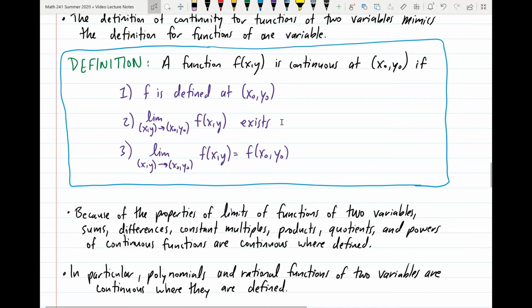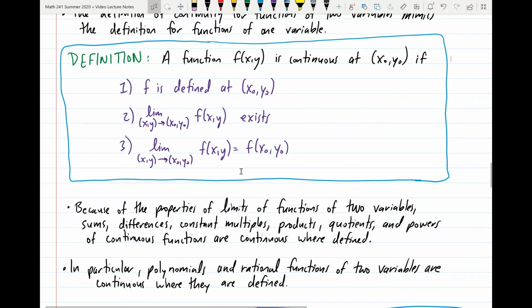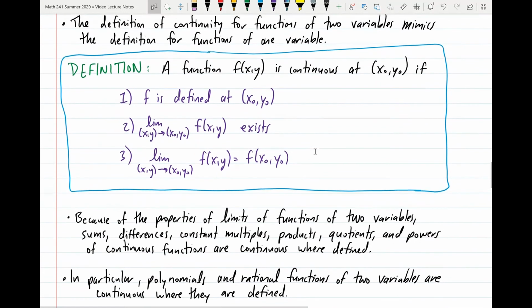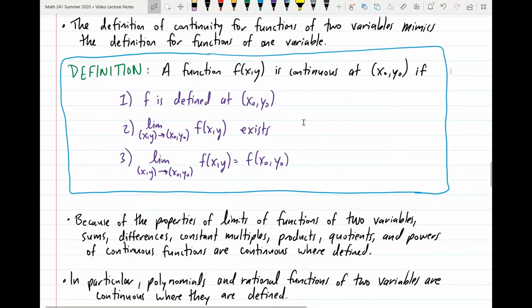And then the third condition is that the limit as x, y goes to x0, y0 of f of x, y is actually equal to f of x0, y0. So the limit is going to equal the value we get when we plug the limit point into the function. So if all of these conditions are satisfied, we say that the function is continuous at the point x0, y0.